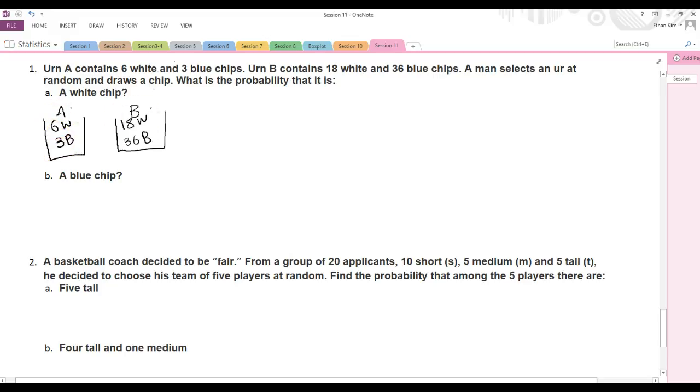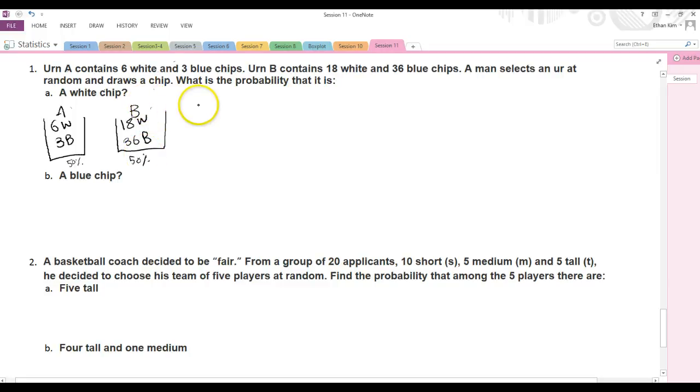Okay, and these two urns are selected at random, so each one has a 50% chance of being chosen. Alright, and we're looking for the probability that it will be a white chip. So it could either be from urn A or B, correct?